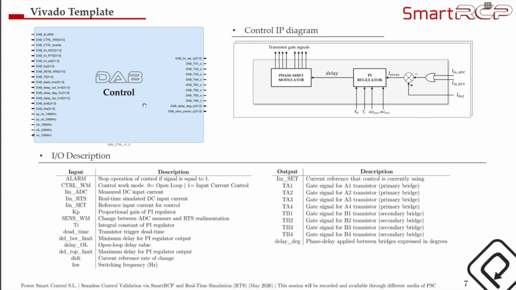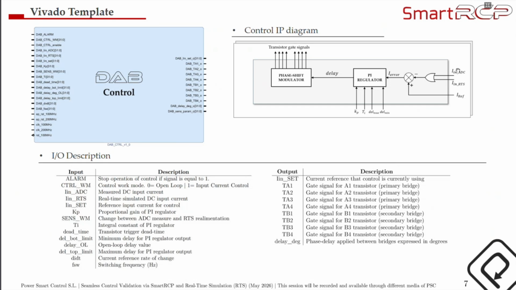Delving into the details of the control IP, here is the aspect that the IP has on Vivado, and the main purpose of this IP is to generate the trigger signals of each transistor to establish a specific value of current in the input of our converter.